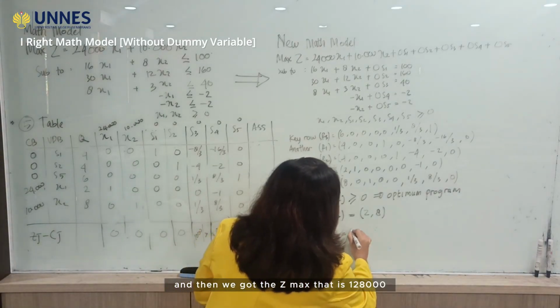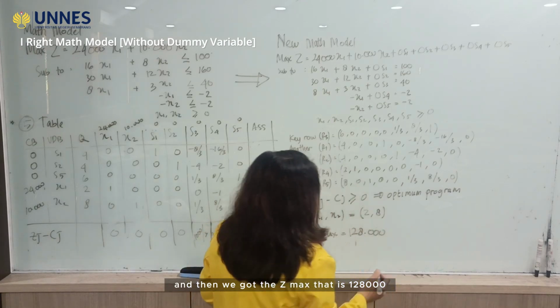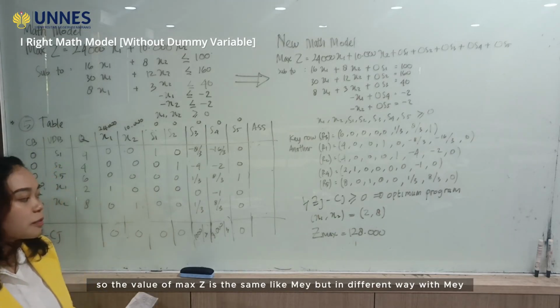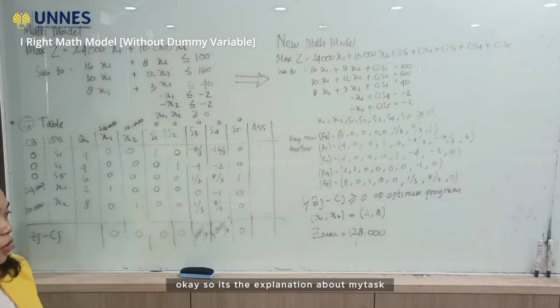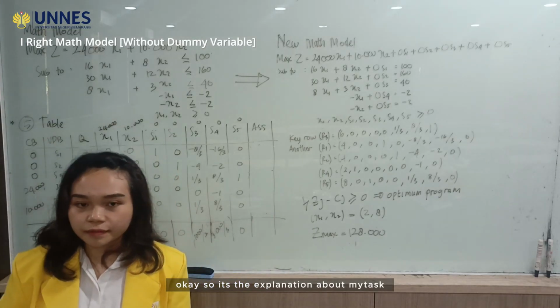So we got 128,000. So the value of maximum z is the same as mine, but a different way. Okay, guys, so that's my explanation about my task.